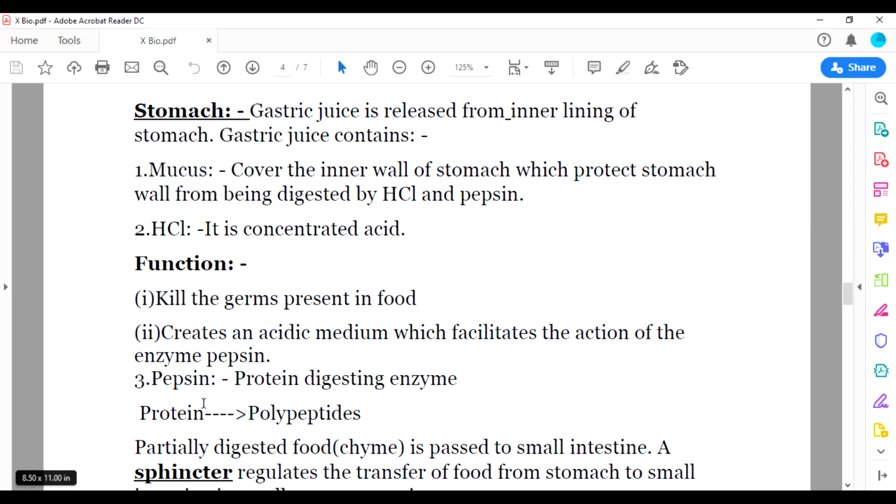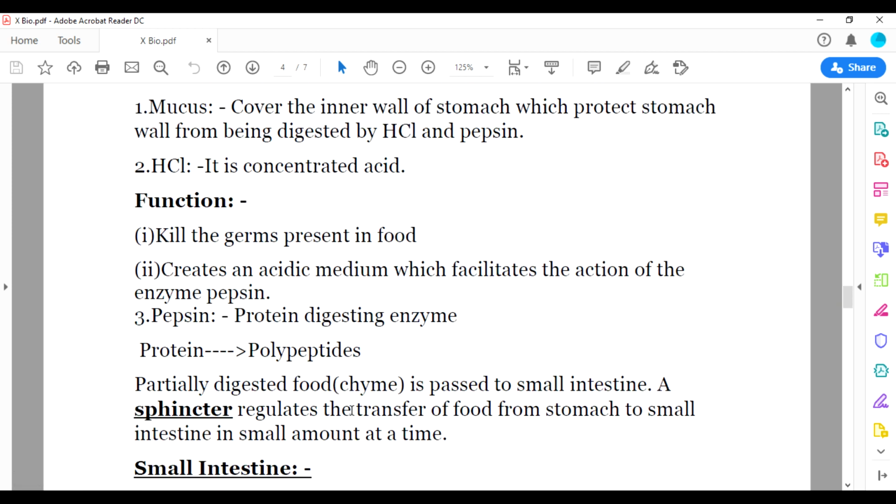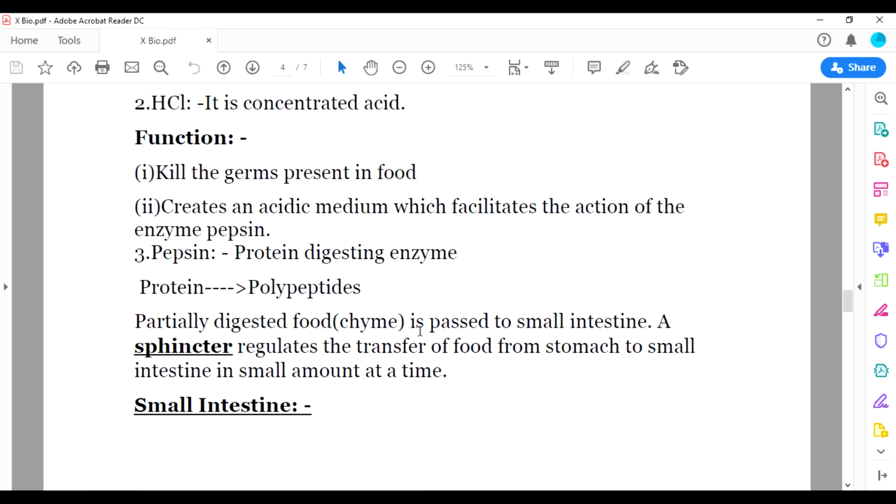The enzyme pepsin remains in an inactive form, and after the release of HCl, it turns into the active form pepsin, which acts on proteins and digests them into polypeptides. This partially digested food in the stomach is now known as chyme.